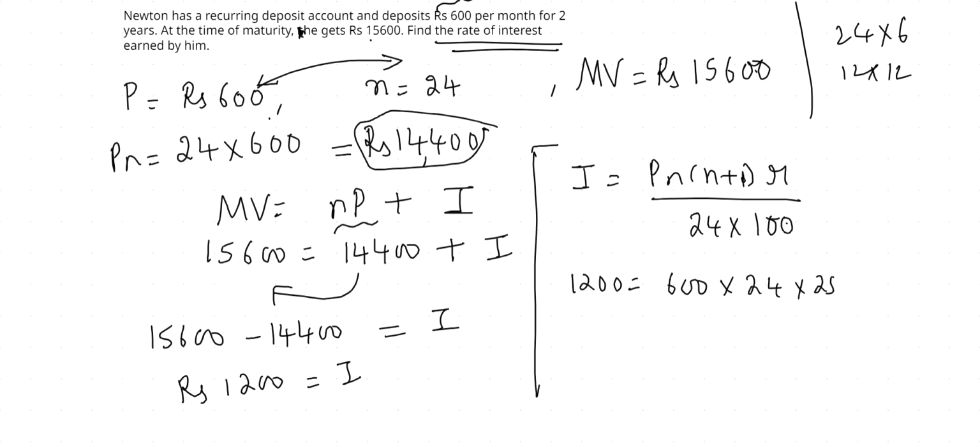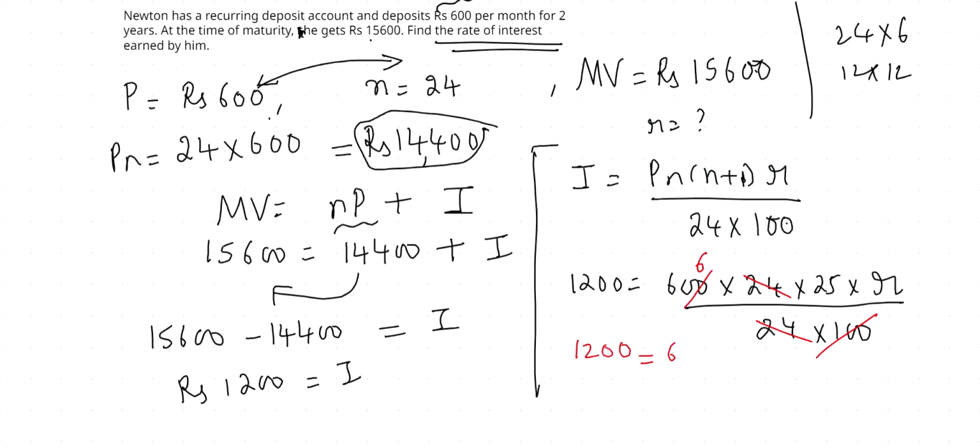Rate of interest is what I need to find out here, and by 24 into 100. Let me just cross out. I'll change the color so you know where I've crossed out. Okay. 24 and 24 will cancel.